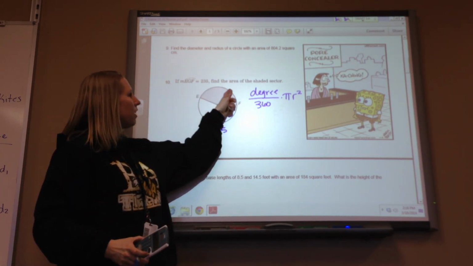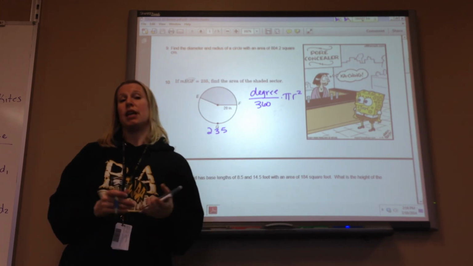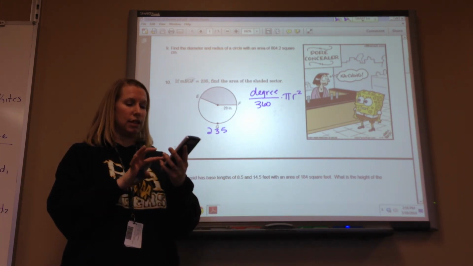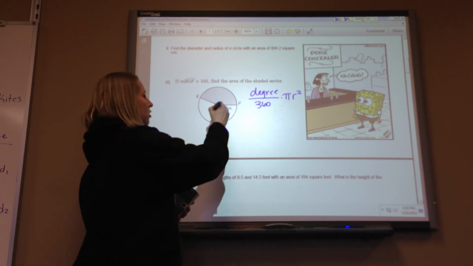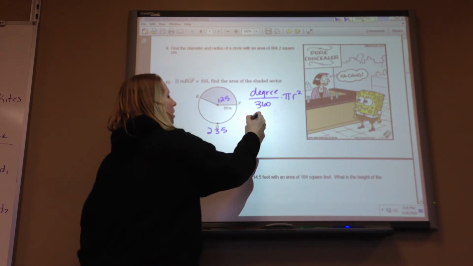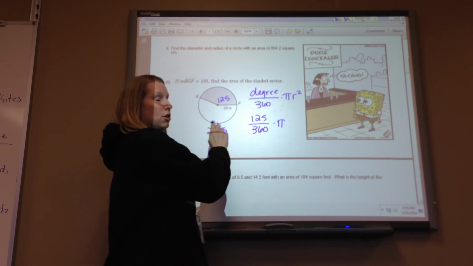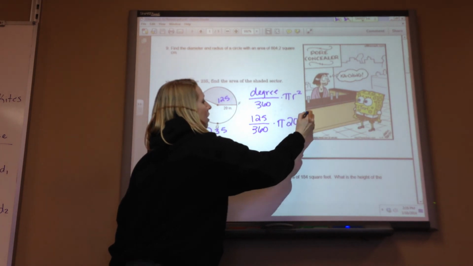How do you think I would find this arc? Well, do you remember the degrees all the way around a circle? It's 360. So 360 minus 235 is 125. So that degrees is 125. So do 125 over 360 times pi r squared, the radius is 20.